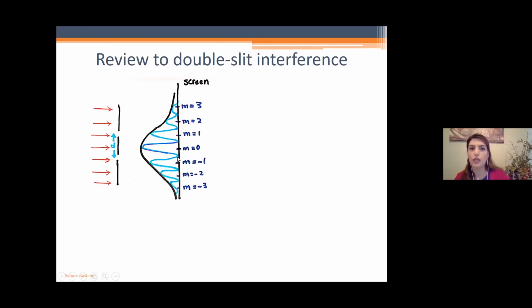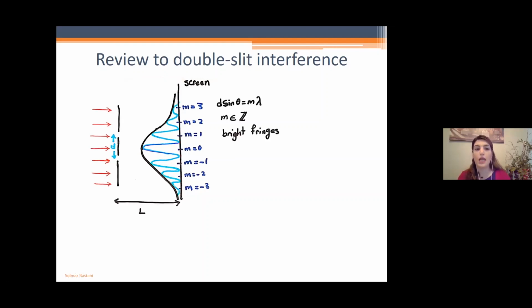So this was everything that we learned about the double slit interference. If I define the distance between the wave's source and screen as L, then we know that d sine theta is equal to m lambda, where m is an integer. That was the equation that we got previously for the bright fringes in double slit interference.